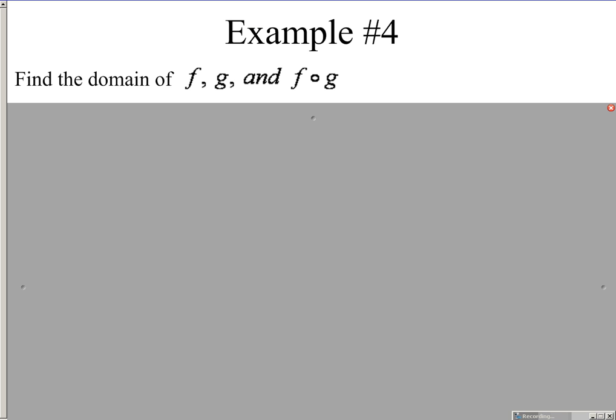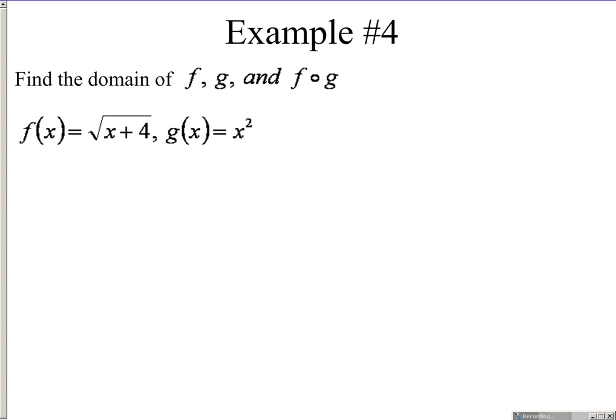Find the domain of f, of g, and f composed with g. Well, let's start with our domain for f of x. Our domain for f of x, we have a possibility of a domain restriction here.